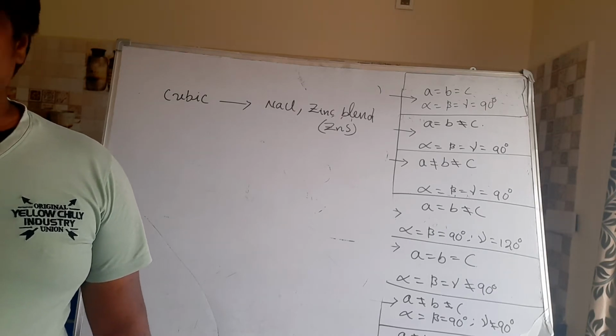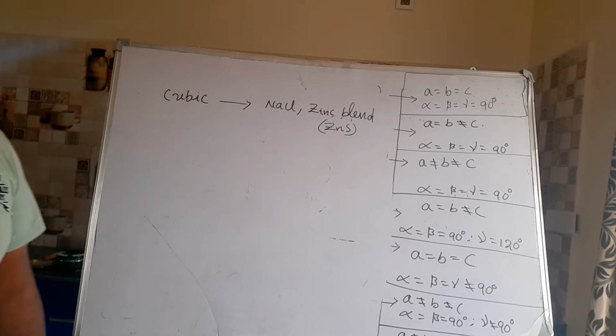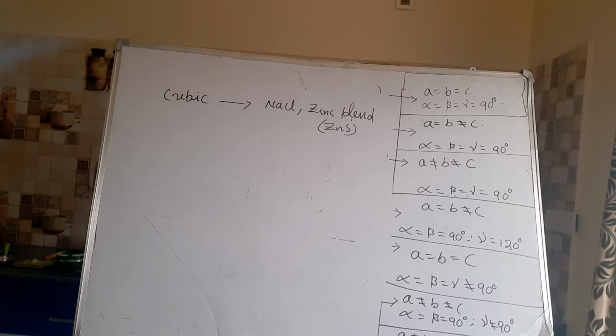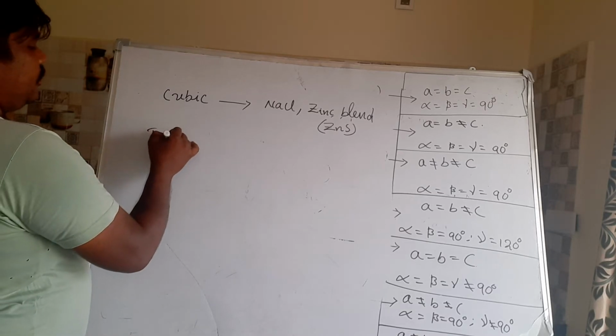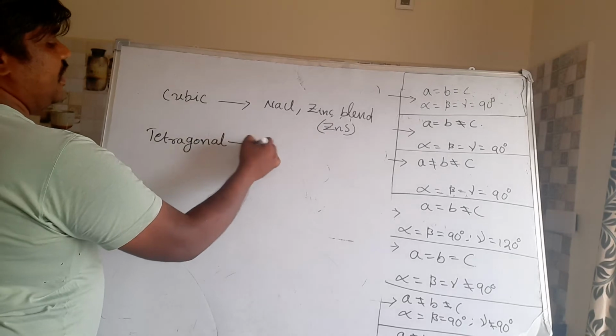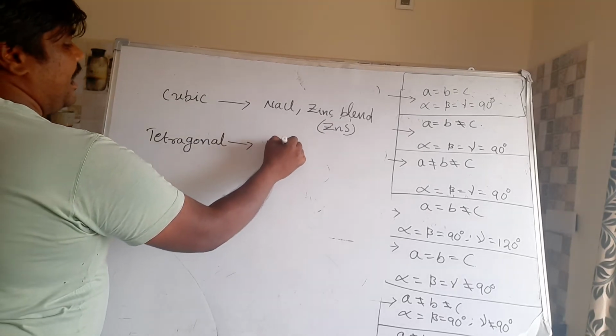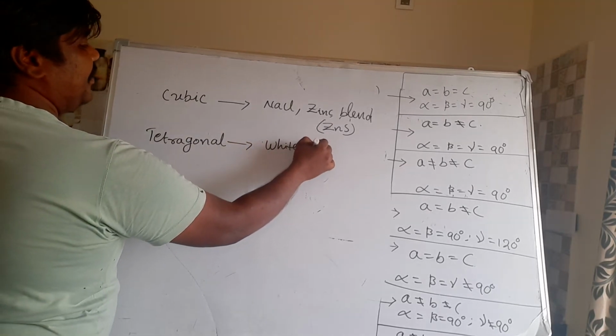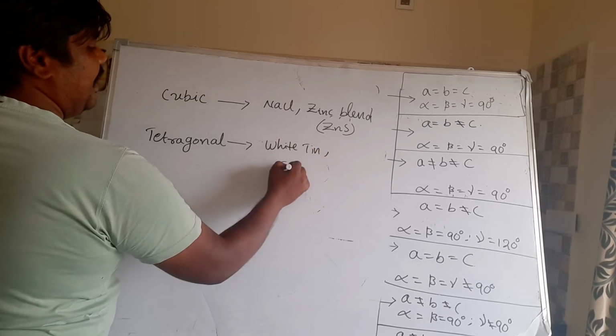For tetragonal, students, they have examples: white tin, then TiO2.